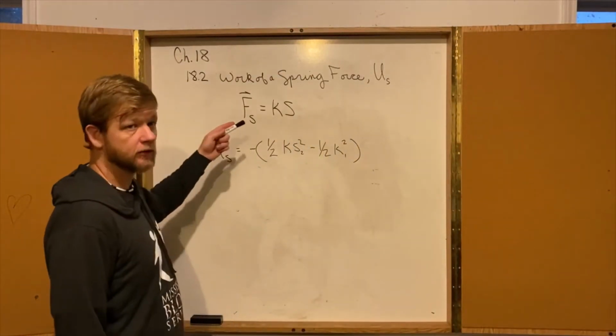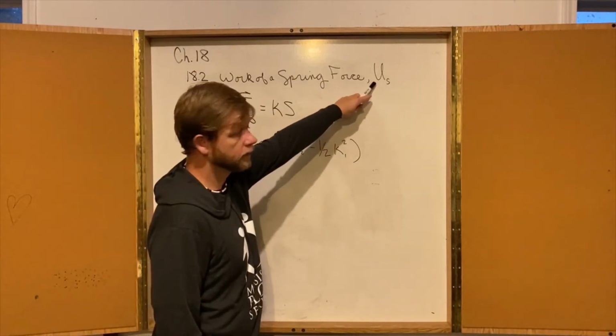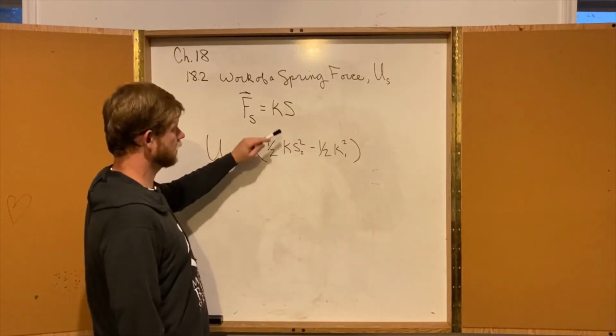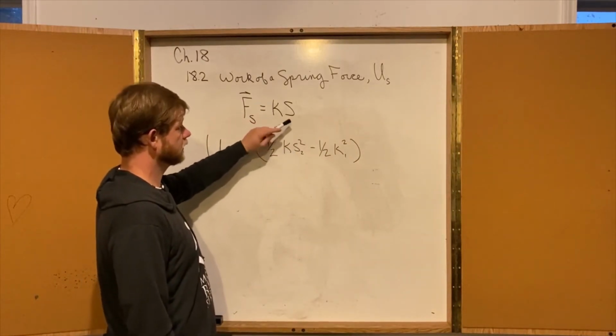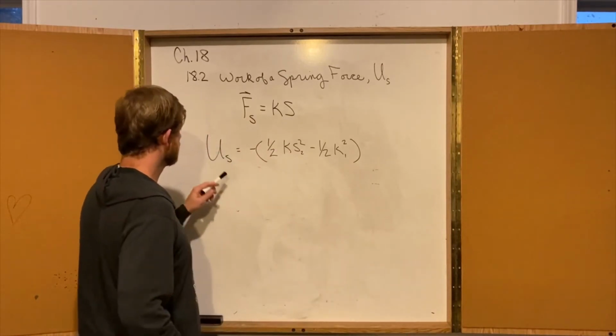So 18.2 also covers the work of a spring force, which we'll call U for work and S for the spring. Now we know the force of a spring is equal to the constant of the spring times s, which is going to be our distance or change in distance.